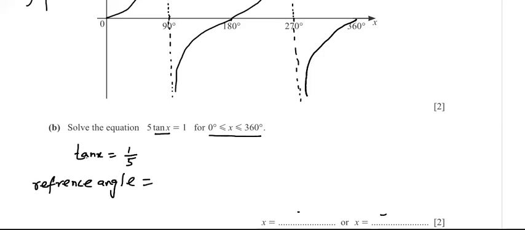If you have tangent here, it will be tangent inverse of the value, but the positive value. Even if it is negative, you will take it positive. If you have sine here, you will take sine inverse of the value. If it is cosine, then cosine inverse. That will give you the reference angle. Now find this value here: find tangent inverse 1 over 5.